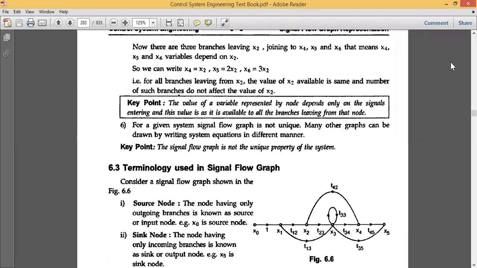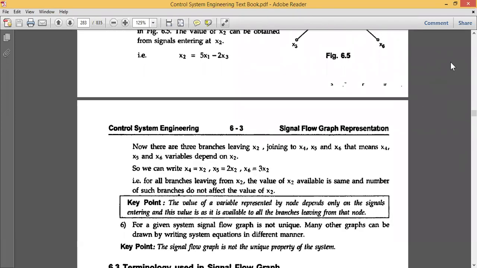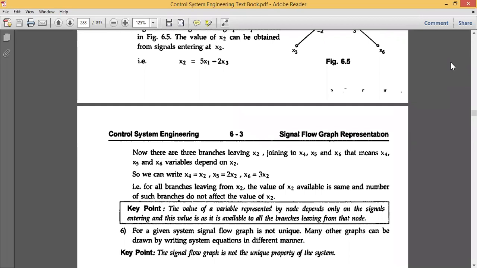With all these 6 properties, we can simply go for finding the equivalent signal flow graph for any given block diagram. With this, I conclude today's class.